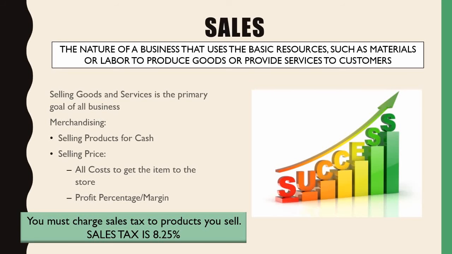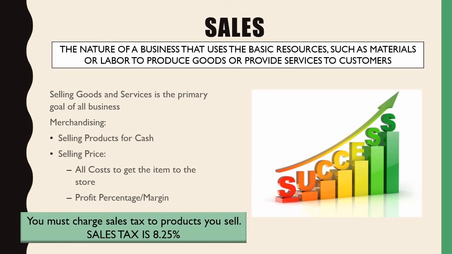Then here, we must charge sales tax, because we're assuming our state is one of the states that charges sales tax. Of course, we live in the state of Nevada, and we are obligated to charge sales tax. To make it easier for you to understand how tax works, tax is based on the state and the local city that you are doing business in.